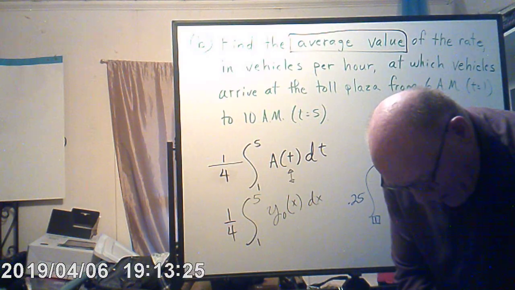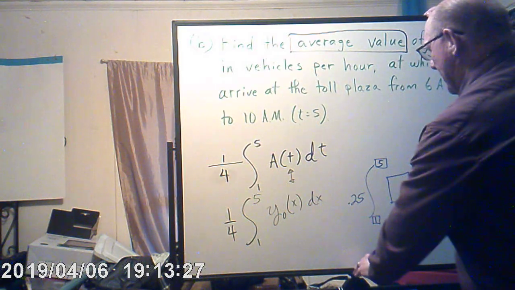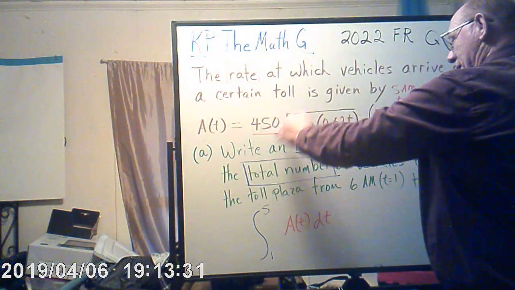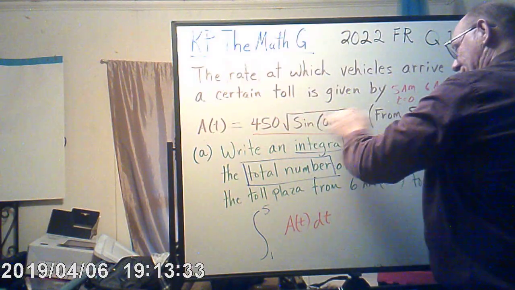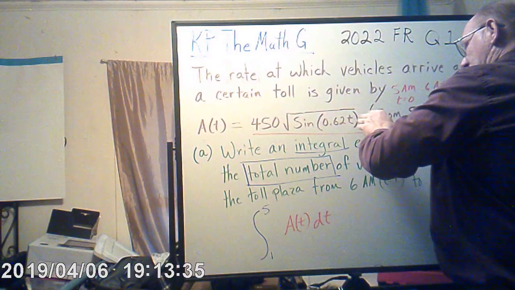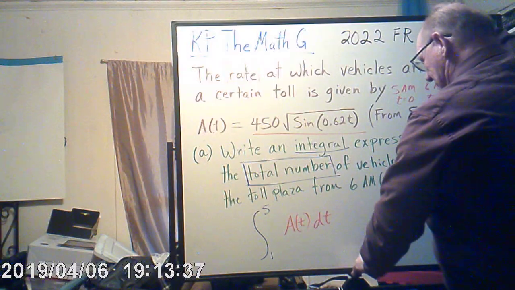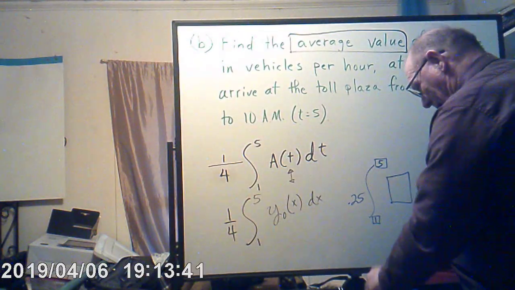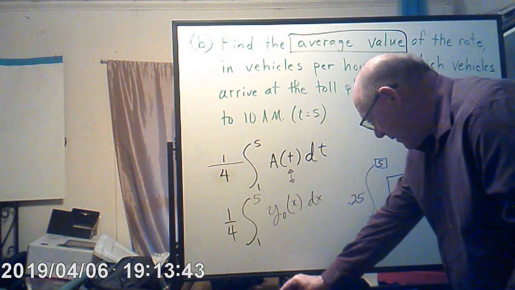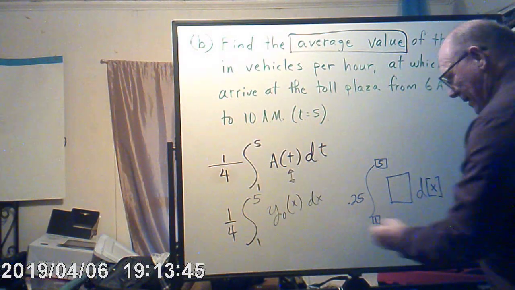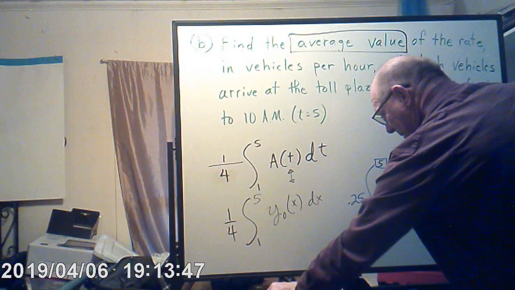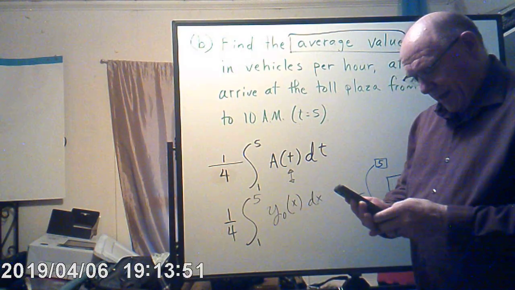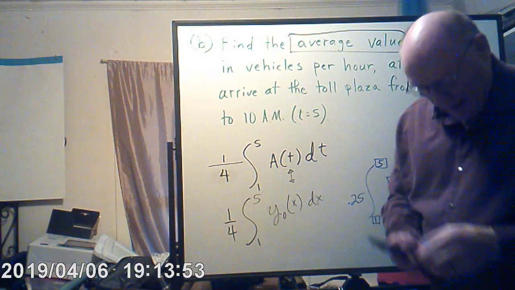It's that function that was given to me from the very beginning, and making sure that you put everything in there. 450 square root of sine 0.62t, okay, like that. Okay, so my y sub 0 is in there, and that's what I have there. Okay, and then when I hit enter, I get an answer.